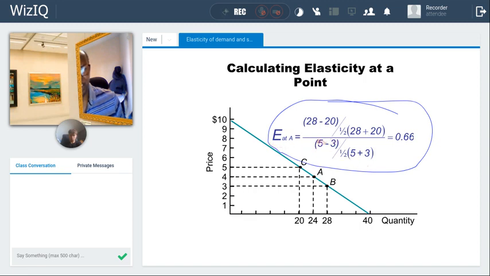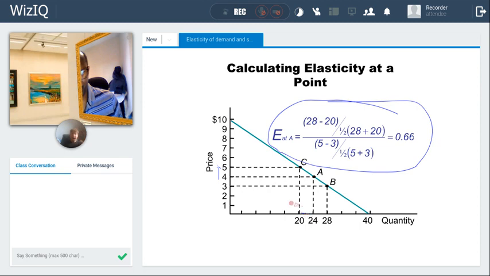You just need, for example, if you increase the price from 4 to 5, you can see the quantity before was 24. But because you have increased the price, the quantity is going to drop to 20.